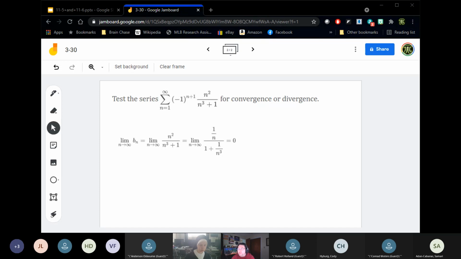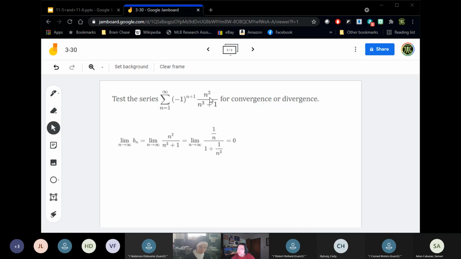To find the derivative of this, we're actually having to do the quotient rule. So you take the derivative of the top, times the bottom, minus the derivative of the bottom times the top, and then divided by the bottom squared.